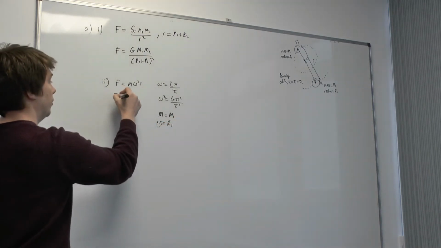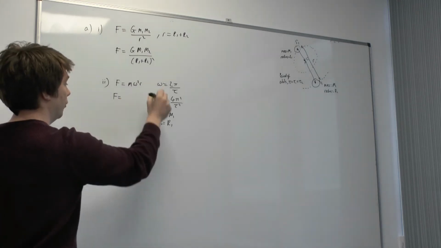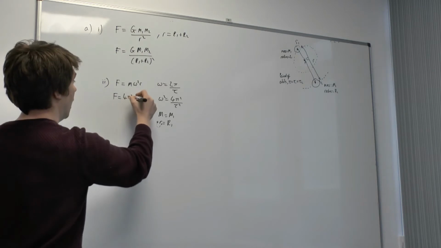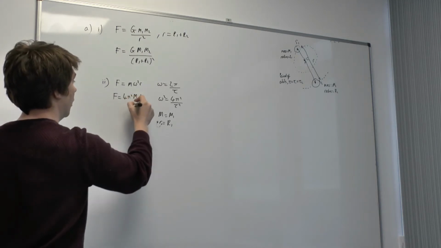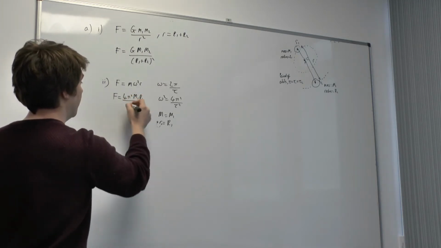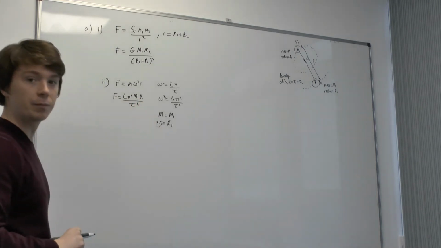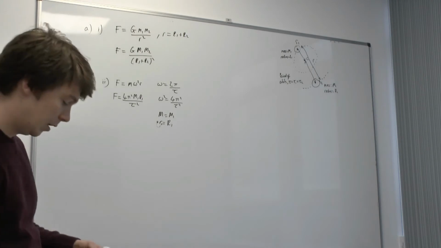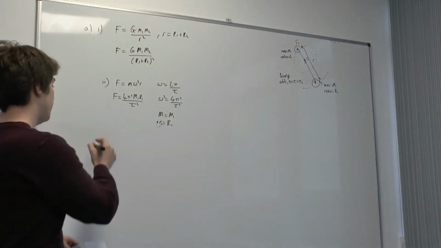So if we substitute those values in, we get 4 pi squared m1 R1 divided by tau squared. So that's the centripetal force acting on S1. Okay, so that's part A.